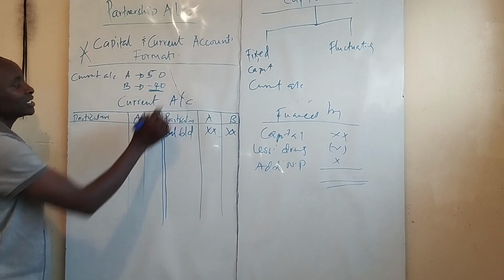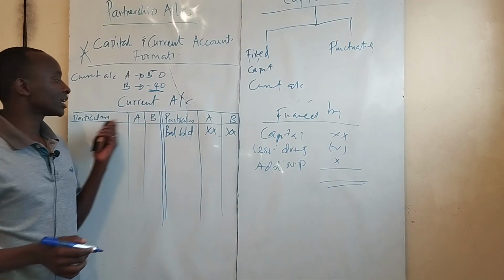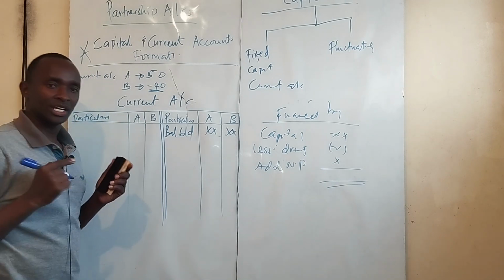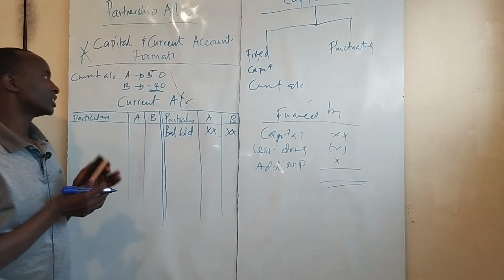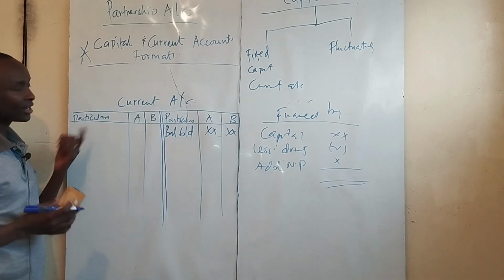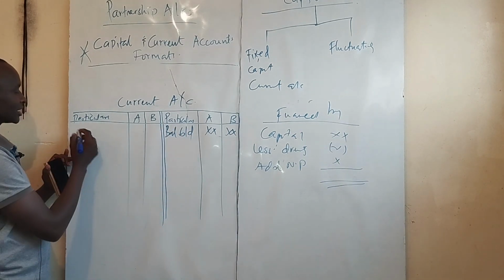Negative 40 means it is not a credit balance, it is a debit balance. It means that the partner overdrew his or her account, right? So don't be shocked to find that the current account will have a balance on this other side. So it can have a balance here.